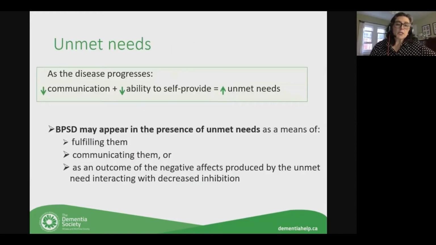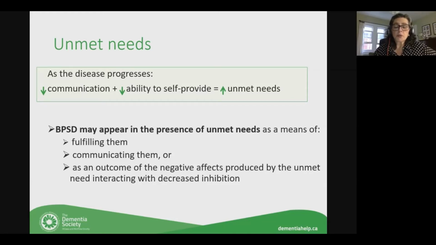We talk about patient factors and the issue of unmet needs, and I think this requires a little more depth of discussion, because we certainly know that as dementia progresses, communication is affected, both in terms of expression and fluency, the ability to articulate our thoughts, our word finding abilities, as well as receptive skills.